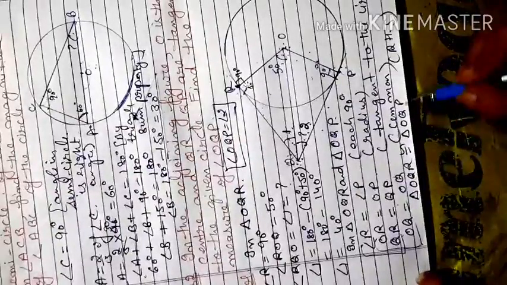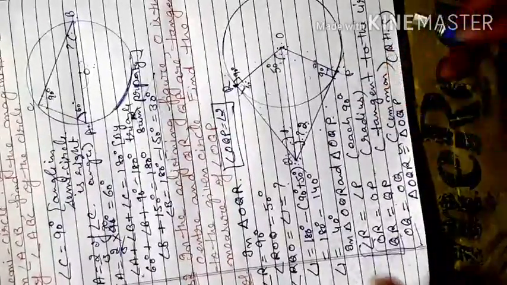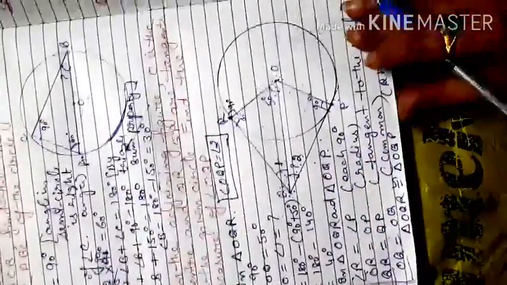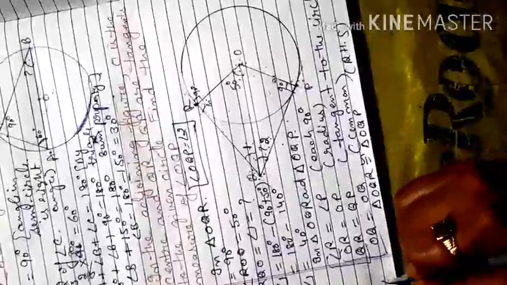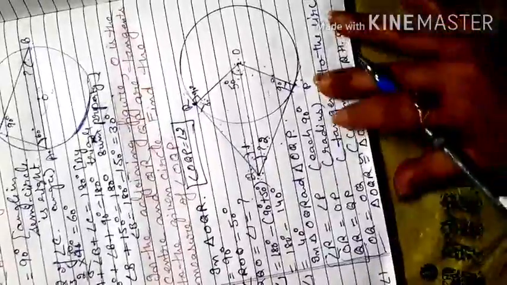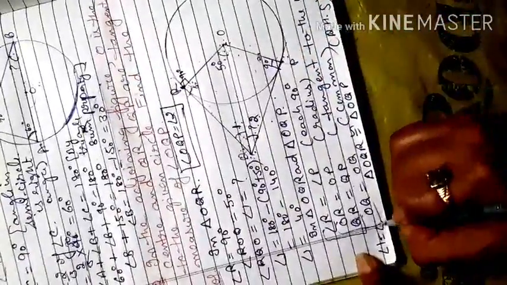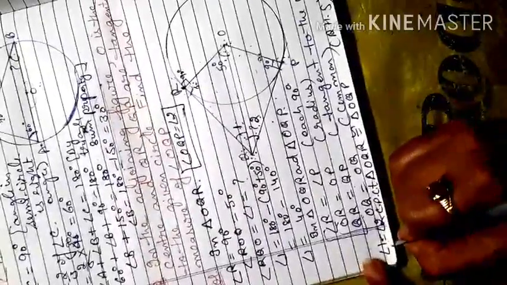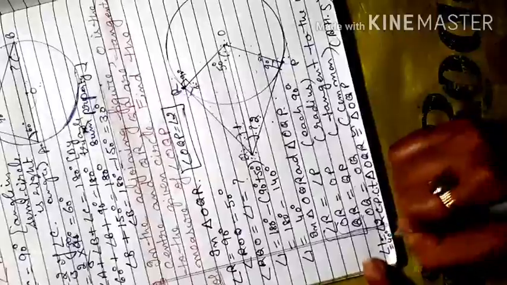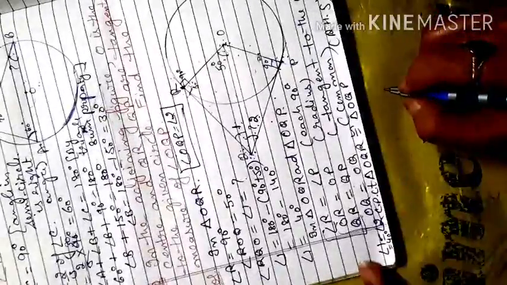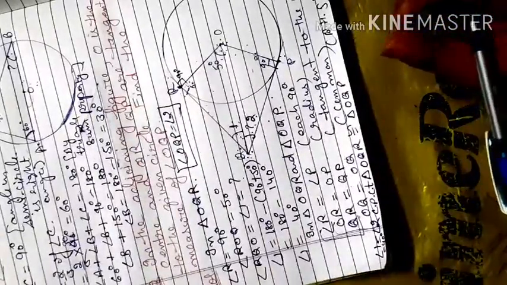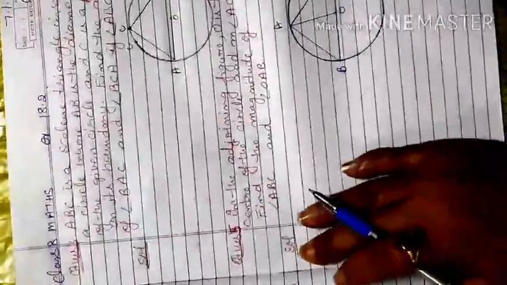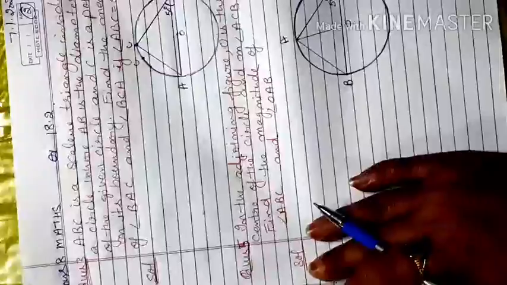So I can directly say that angle 1 is equal to angle 2 by CPCT. So angle 1 is equal to angle 2 by CPCT, that is equal to 40 degrees. That means angle 2 is equal to 40 degrees, so that is angle OQP, this angle.